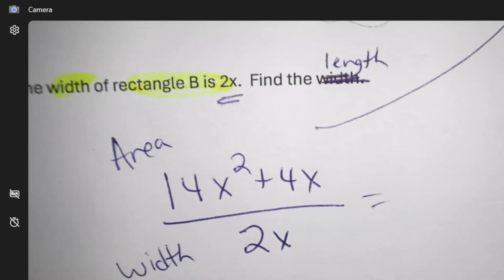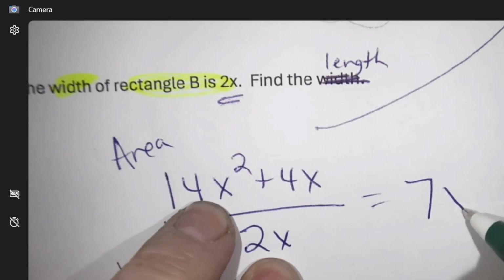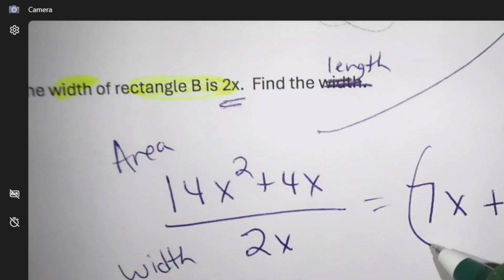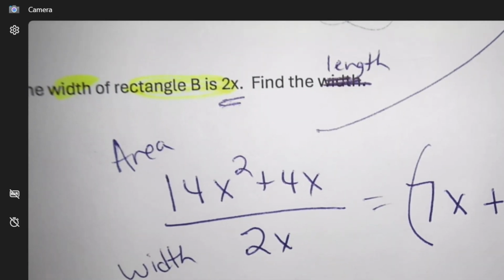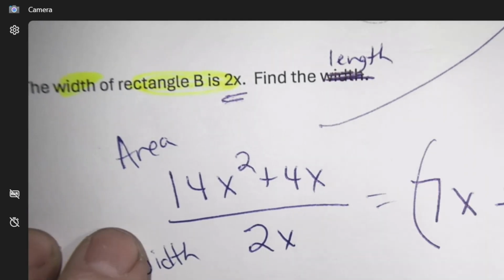Does that make sense? Area divided by width. So did you get 7x plus 2? Yeah, oh yeah, because they do cancel out. With what on the end? Just inches because it's a length.